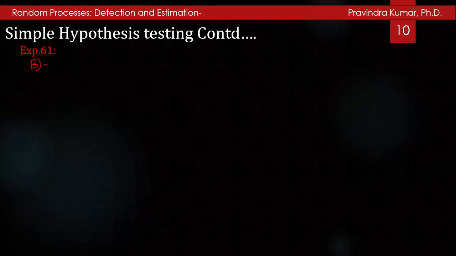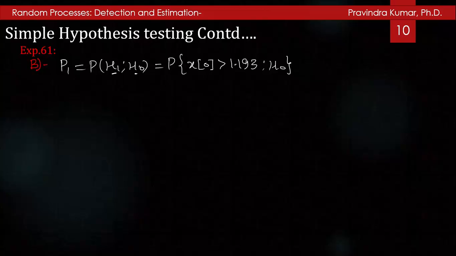And now the type second error. Type second error means the probability of selecting H1 when H naught is true, that is, the probability of the observed sample being greater than 1.193 when hypothesis H naught is true. This means the integration from 1.193 to infinity of the PDF under hypothesis H naught, 1 by under root 2 pi e to the power minus x square by 2 dx.